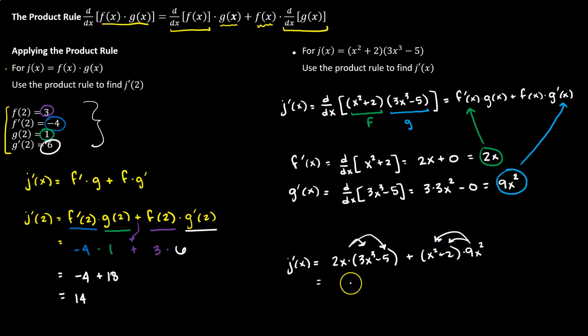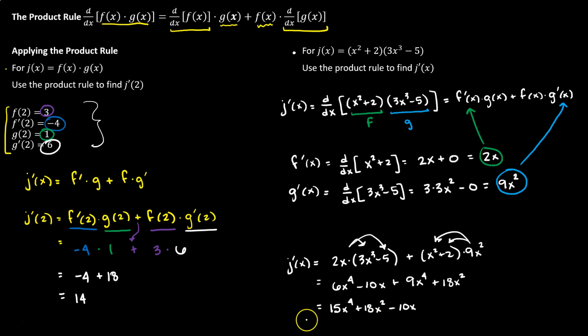See if we can simplify our answer. Looks like we have a 6x to the fourth and a 9x to the fourth. Those are like terms, so we can combine them together. 18x squared and a minus 10x.